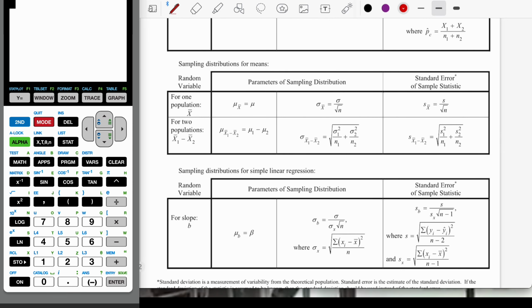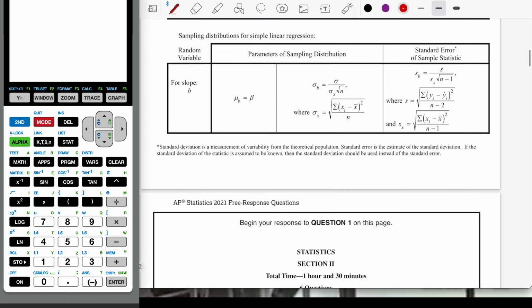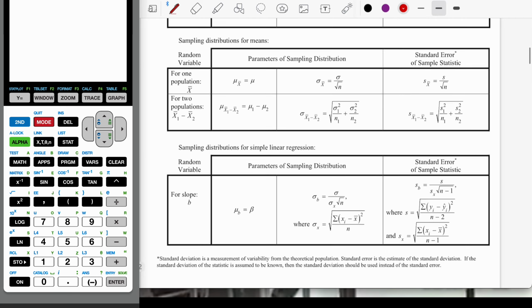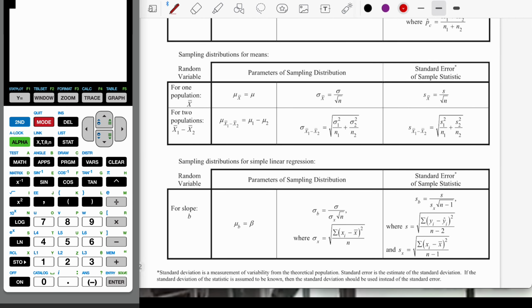For one population mean, they give you one variation of it, really. So you're looking at this and saying, all right, well, and you can look through the rest, but what about the matched pairs t-test?